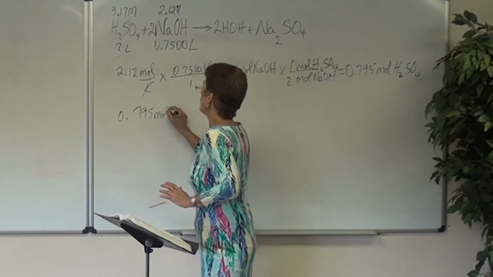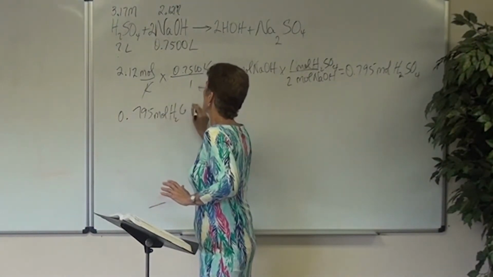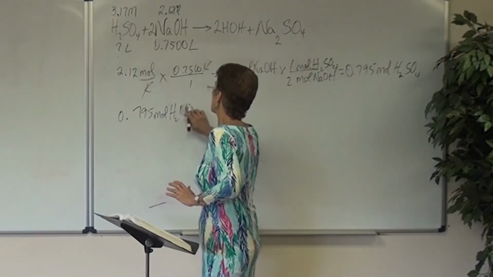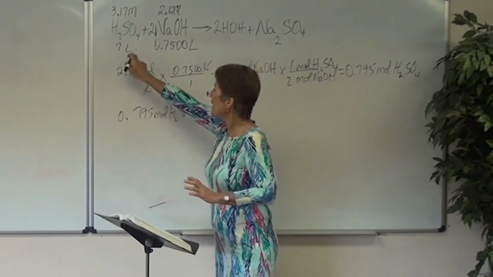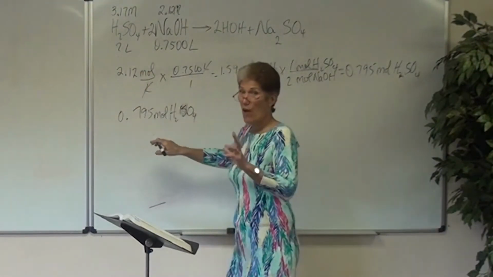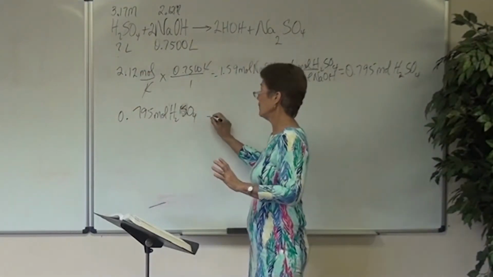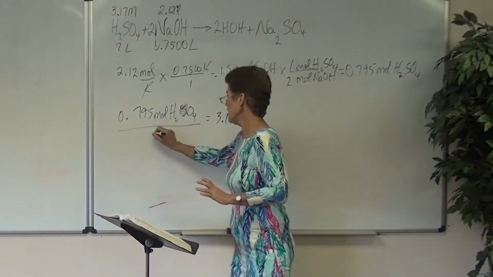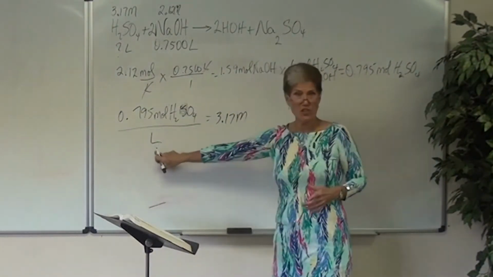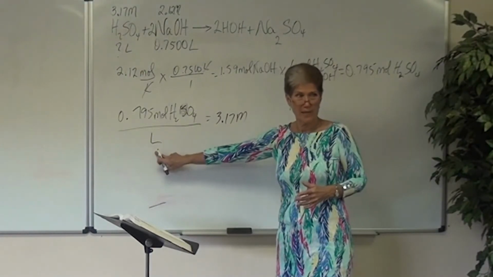0.795 moles of sulfuric. And I'm trying to get to the liters. Now, I know that molarity, I'm just going to show you his way first, is this divided by liters, so I just solve for that, don't I? Okay?